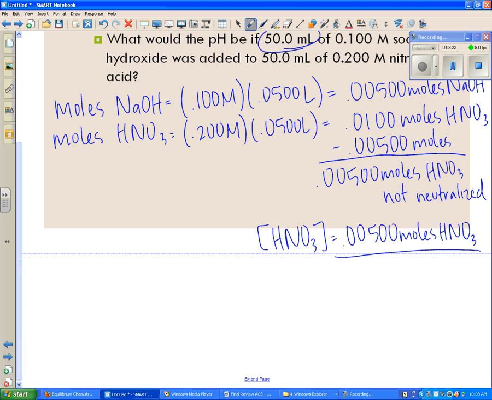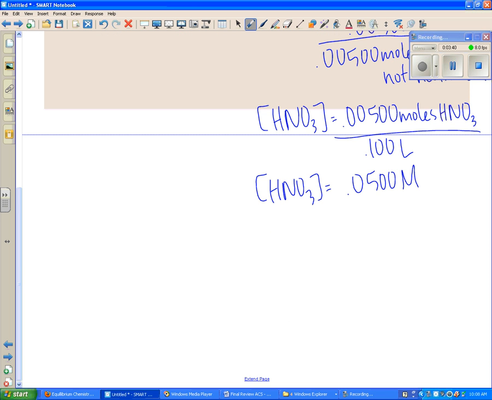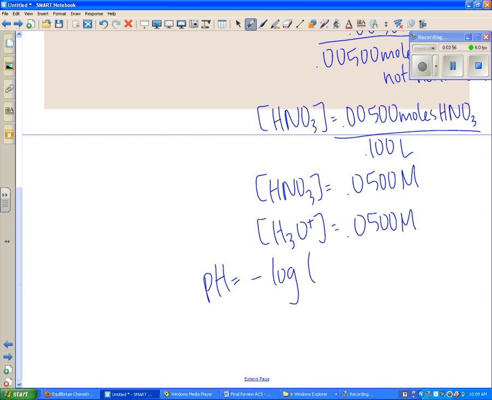divided by the volume. At this point, we've added 50 milliliters to 50 milliliters, so the volume is 0.100 liters. So the concentration of the nitric acid, 0.0500 molar. Which means that the concentration of the hydronium ion is 0.0500 molar, which means we can calculate the pH. pH is equal to the negative log of 0.0500.